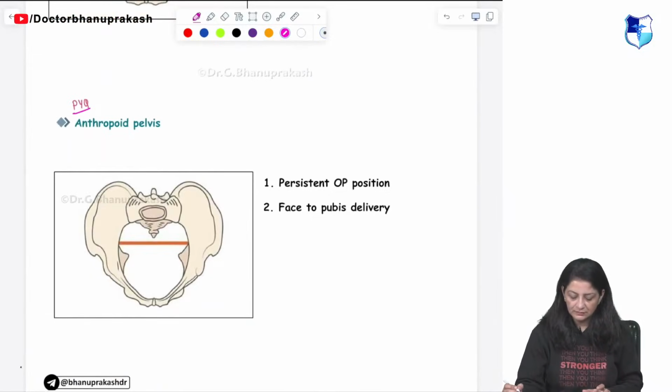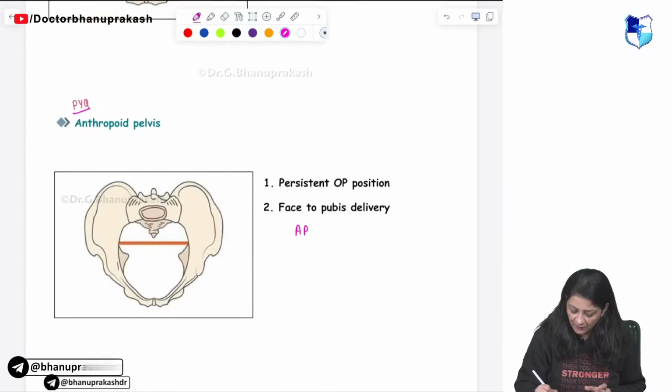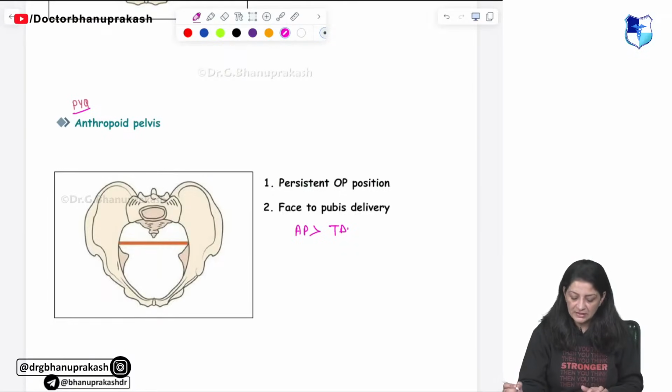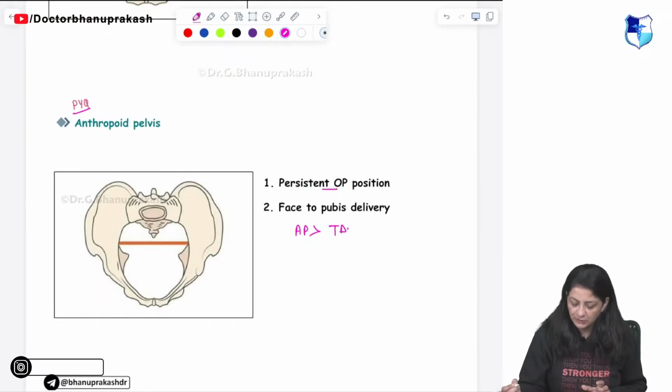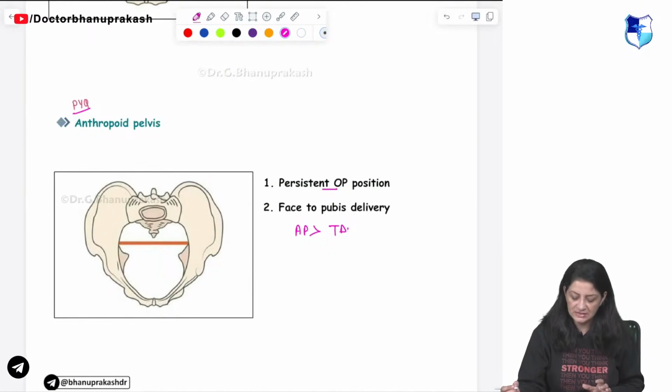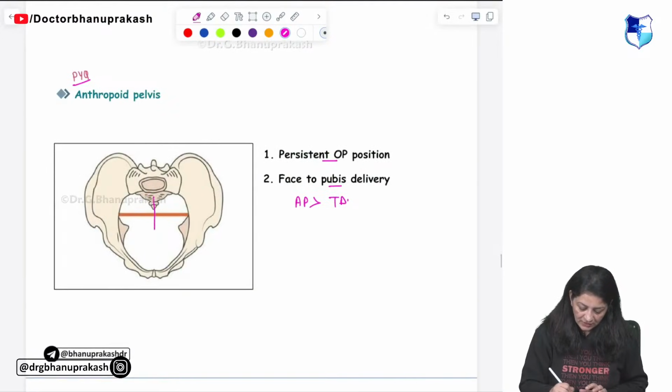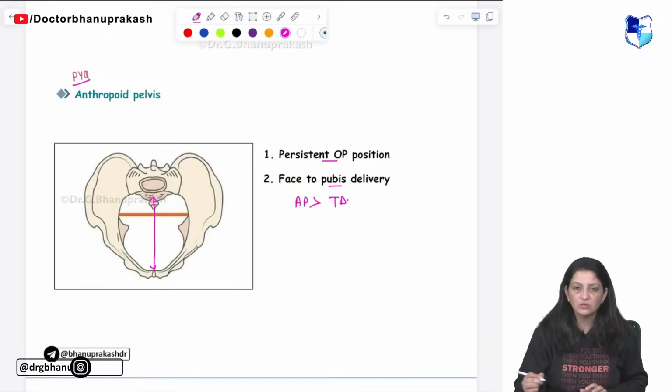Anthropoid pelvis: anterior posterior diameter is more than transverse diameter. In this case there will be a persistent occipito-posterior position and face to pubic delivery. So face to pubic delivery is seen in anthropoid pelvis.